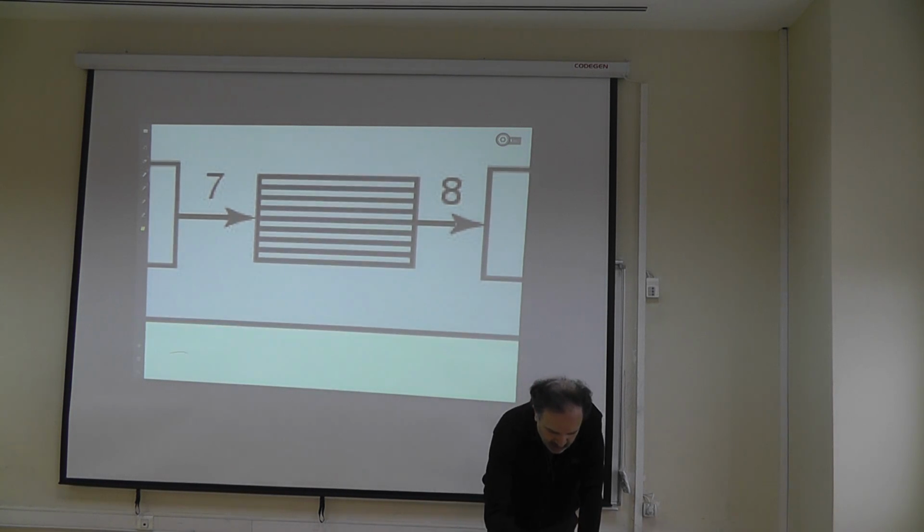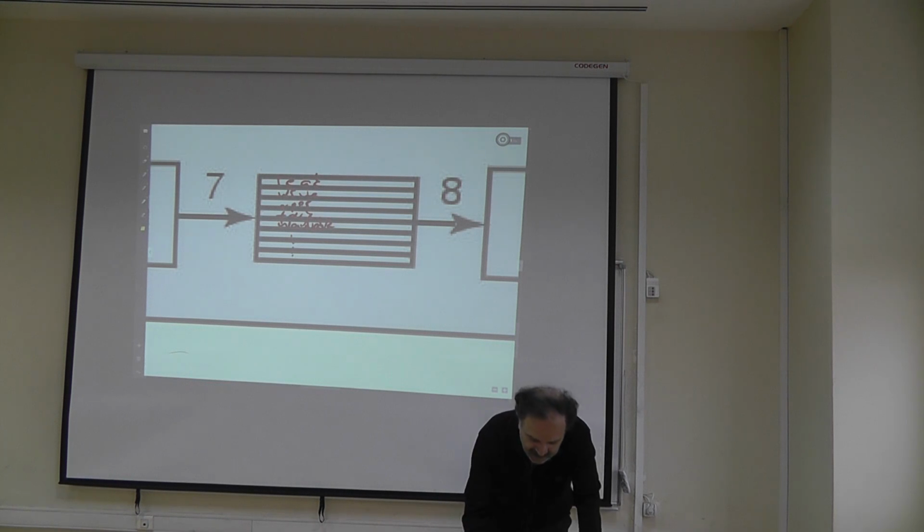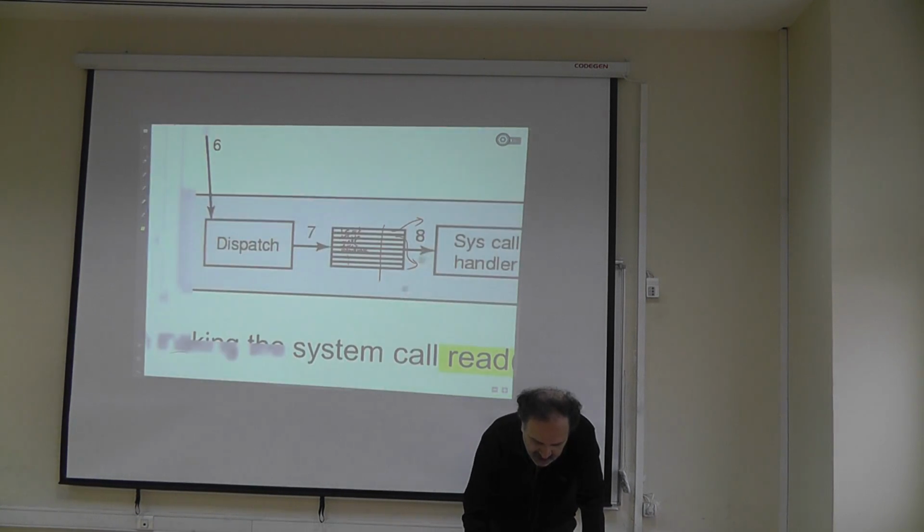In this table you have entries like read, write, open, fork, wait, and so on. How many system calls you have depends, and you have the addresses. For the read, you have a function pointer; for the write, you have a function pointer, and it points to somewhere.